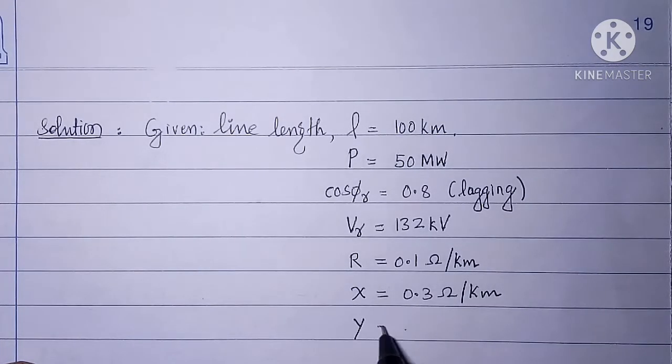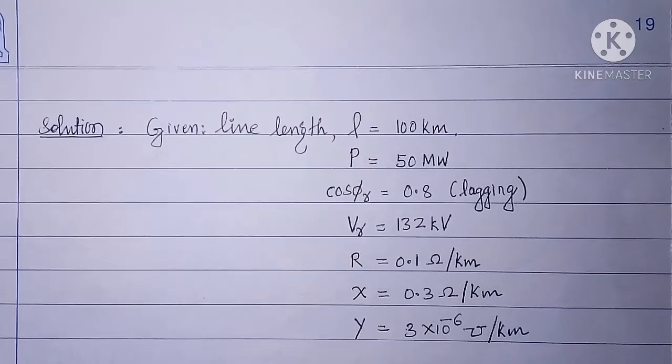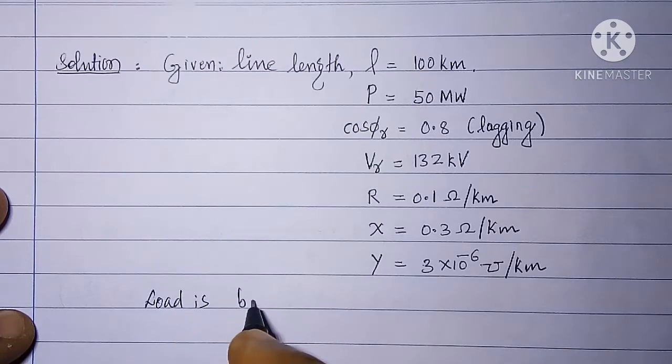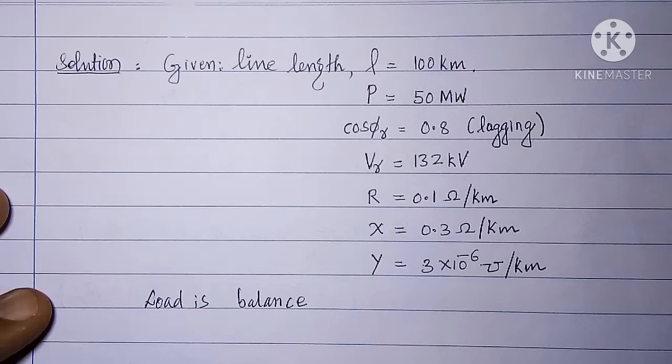Admittance Y is 3 into 10 raised to minus 6 mho per kilometer. We have to assume here load as balanced one. Load is balanced. That means in all the lines equal current will be flowing, and hence we can study this system on per phase basis.